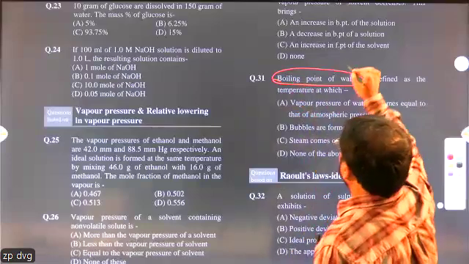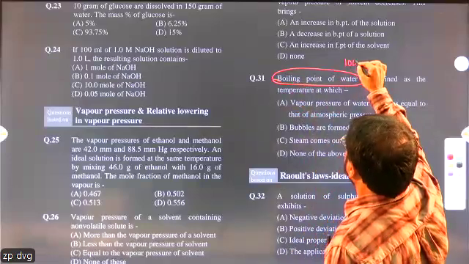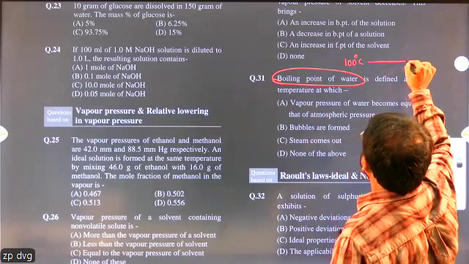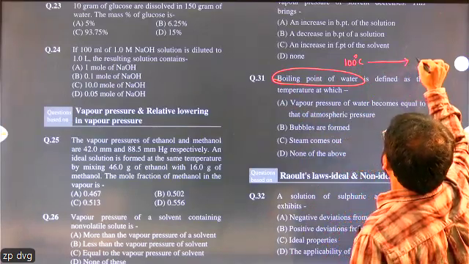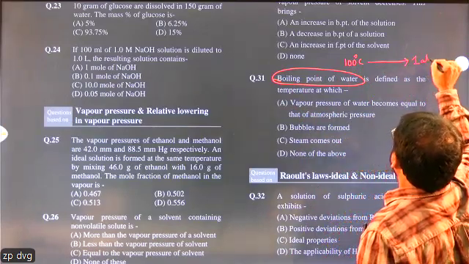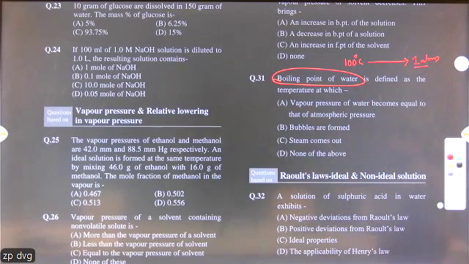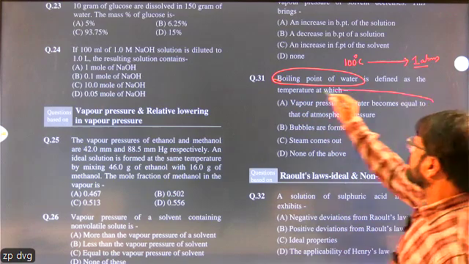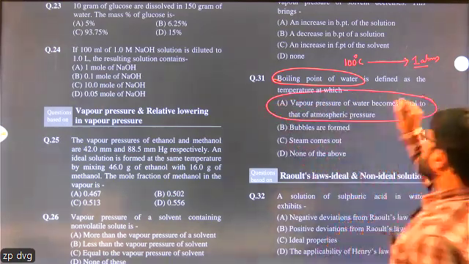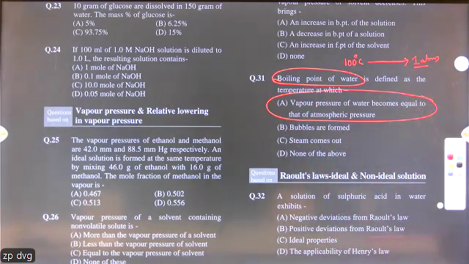The boiling point of water is 100 degrees Celsius. It means at 100 degrees Celsius, the vapor pressure of water is equal to atmospheric pressure. So the correct answer is that the vapor pressure of water becomes equal to atmospheric pressure. Option A is the correct answer.